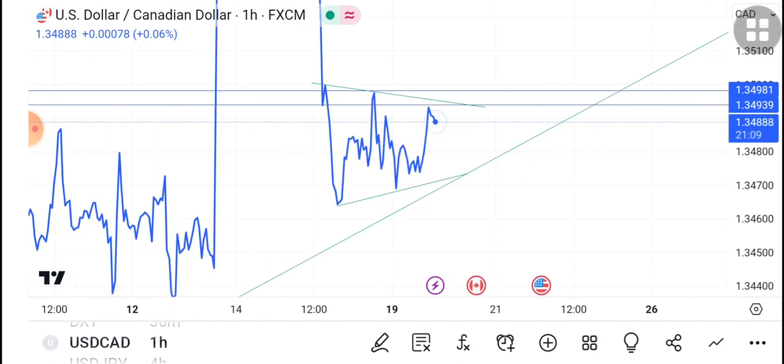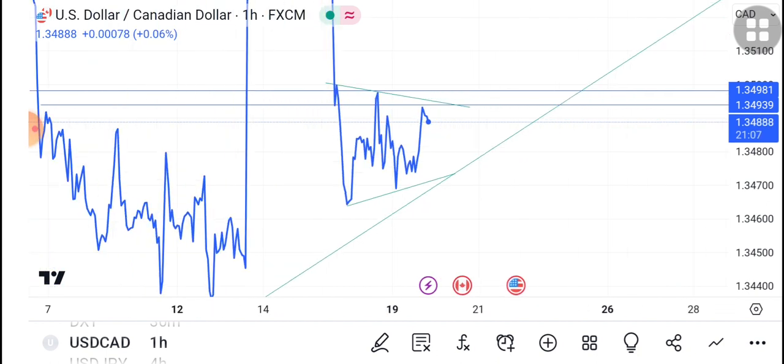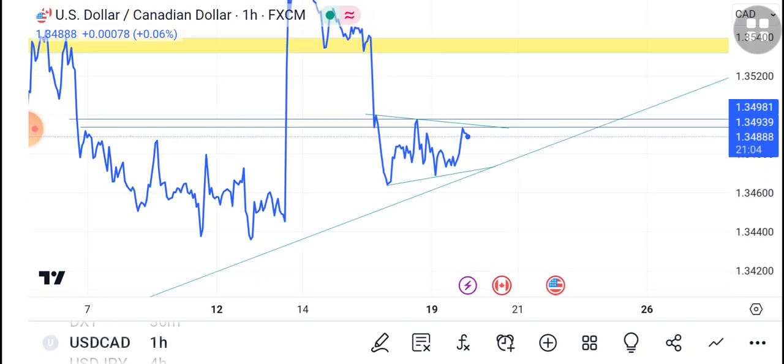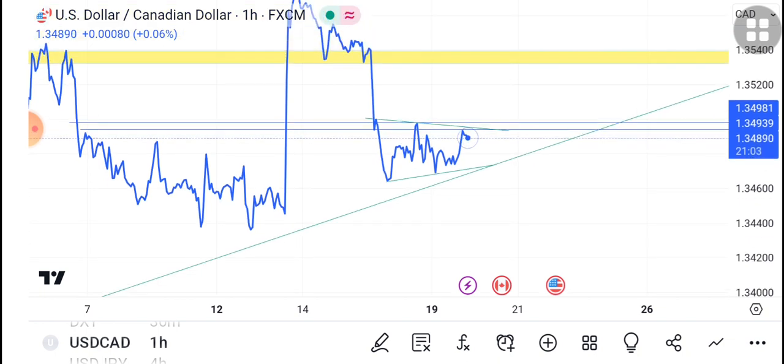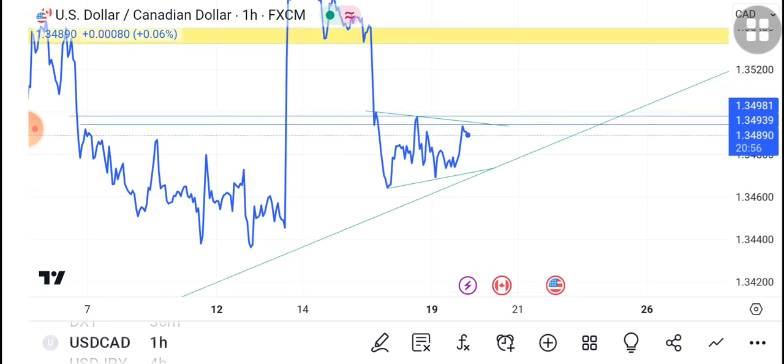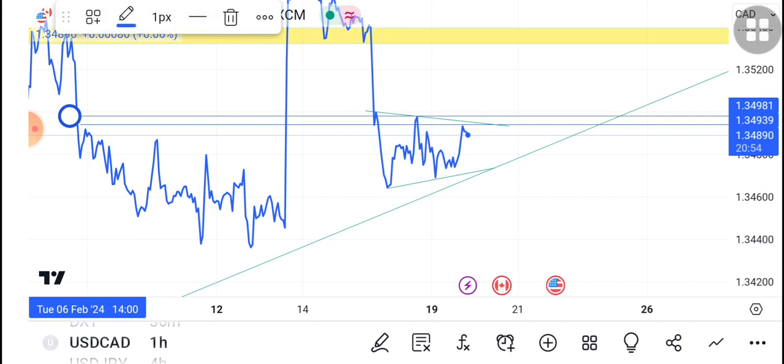This can be a reversal pattern, and it can also be a continuation pattern. Let me just remove this too.